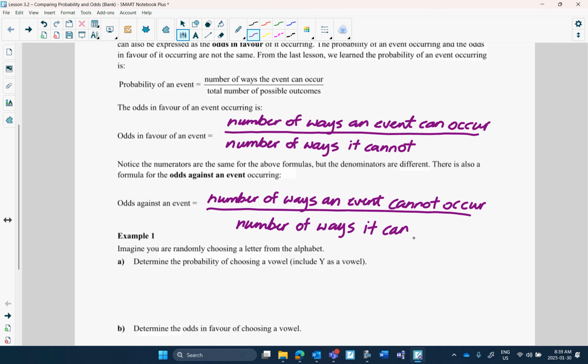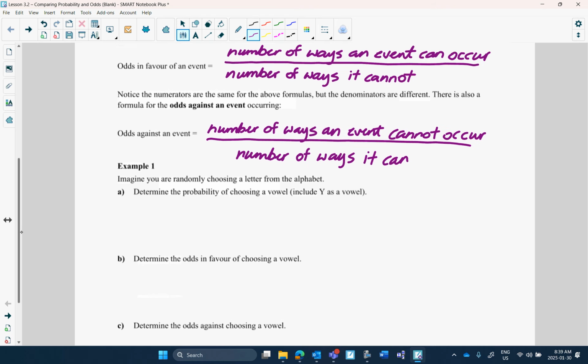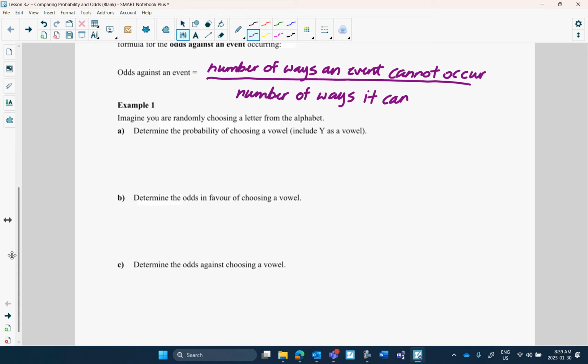Okay, so let's look at some examples, because that's the best way to reinforce this. So you're going to randomly choose a letter from the alphabet. What's the probability of choosing a vowel, and include Y as a vowel? 6 out of 26.